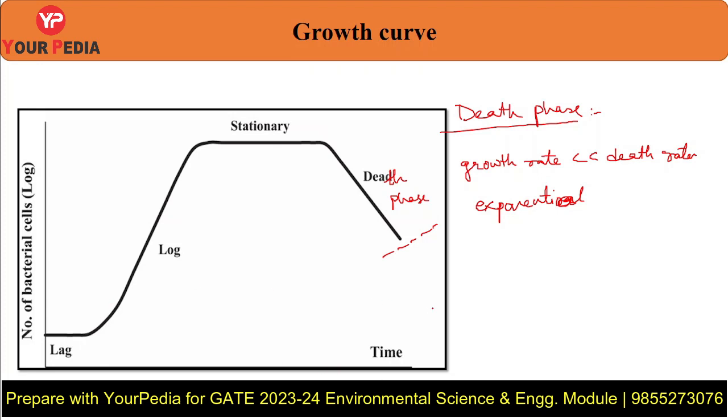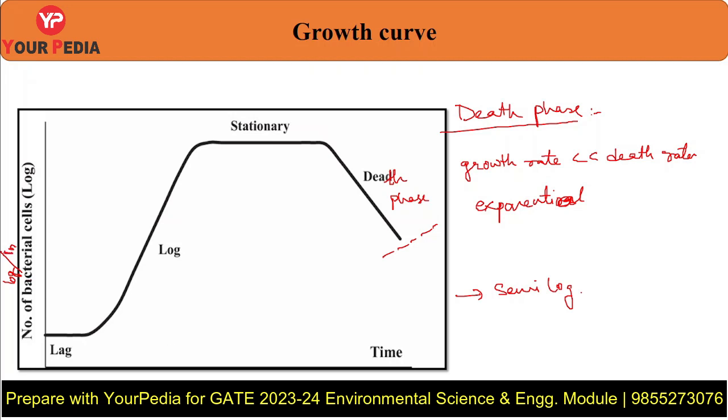And the growth curve is always plotted on the semi-log scale. On the y-axis, we have number of bacterial cells or the biomass concentration in log form, which could be natural log or log 10. All right.